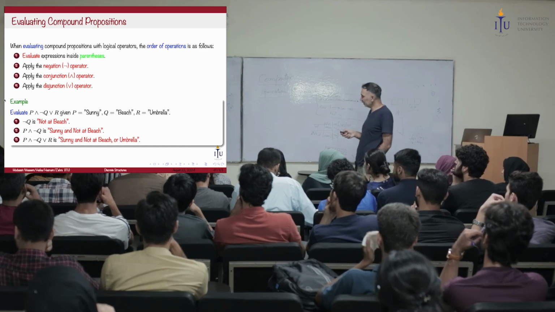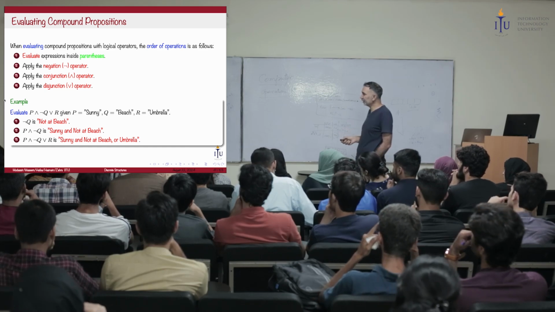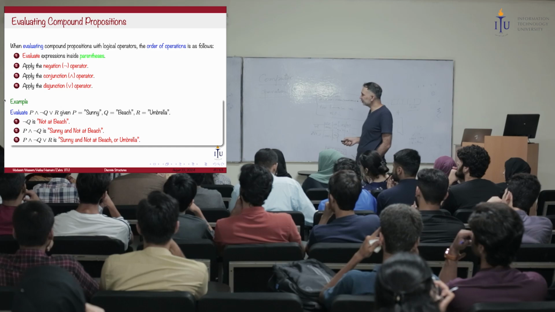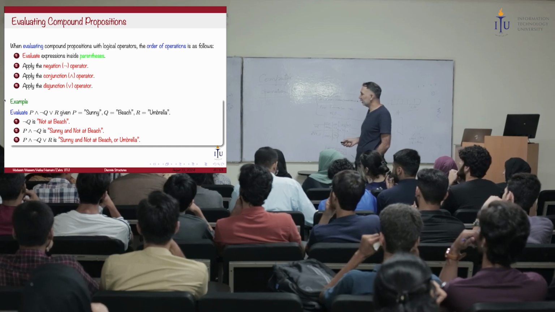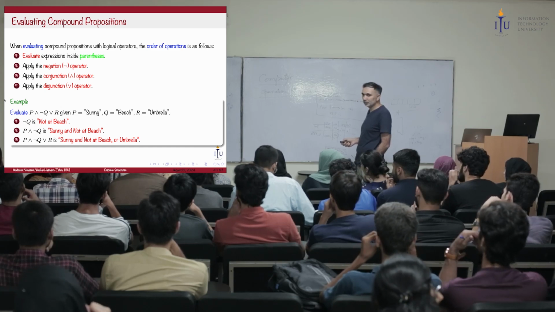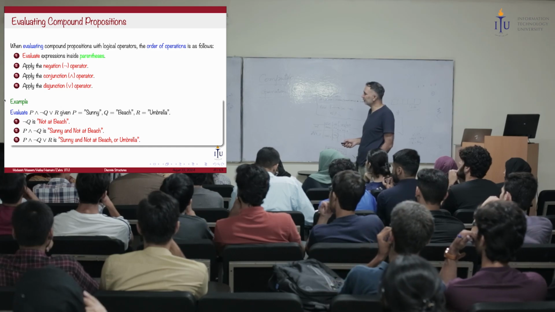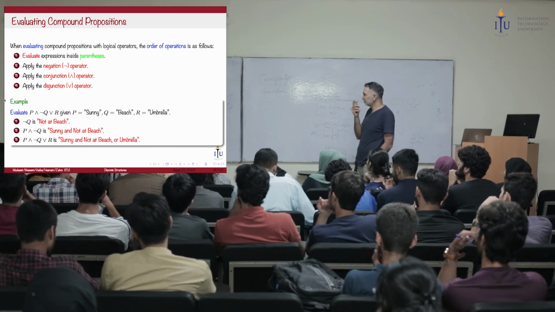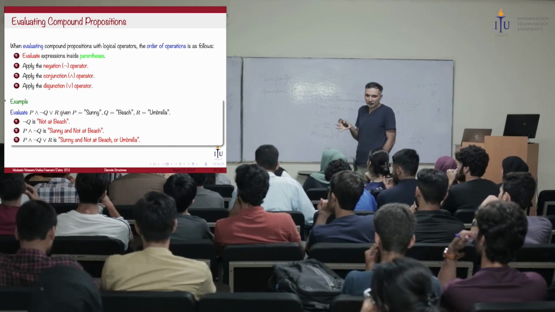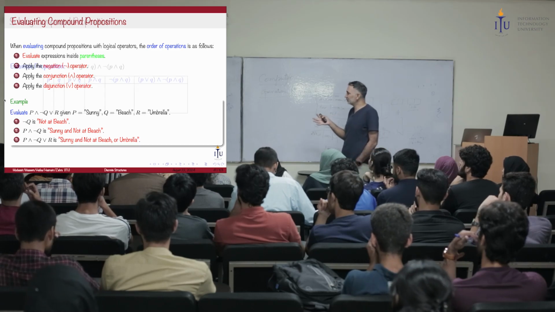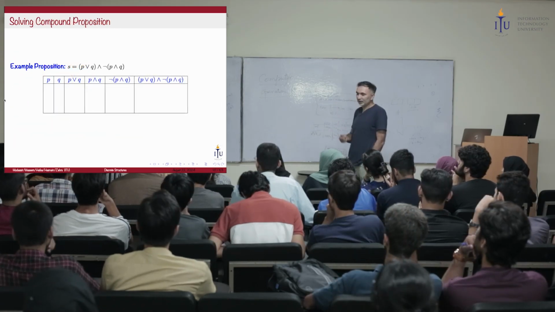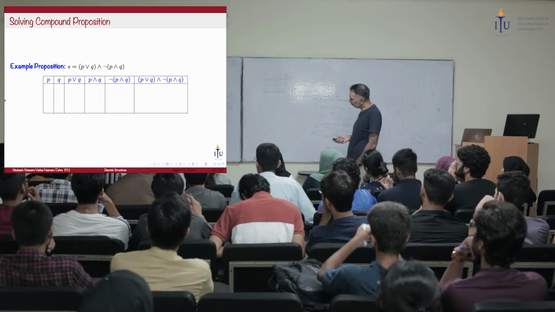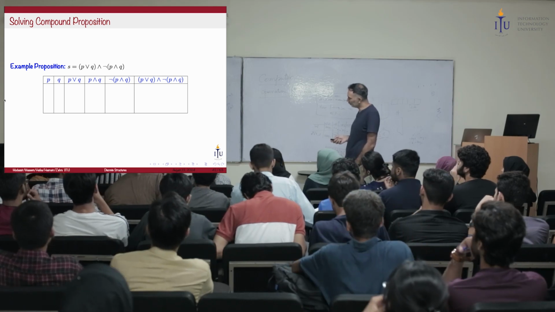After that, we evaluate the conjunction, which is P and not Q. What's P? P is sunny. So sunny and not beach. After that, we evaluate the or operator, the disjunction, and we get sunny and not beach or umbrella. A silly statement, but this is what it means. Can you fill up this truth table? I can help you fill a few columns.